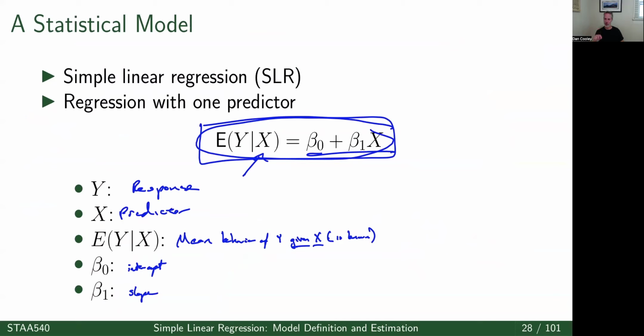So we're talking about y once we condition on x, once we've observed x, which is exactly what we were saying in the previous lecture, where we said we're assuming x is fixed. This allows us to really zero in on the relationship of y given x. So it's equivalent, but important.